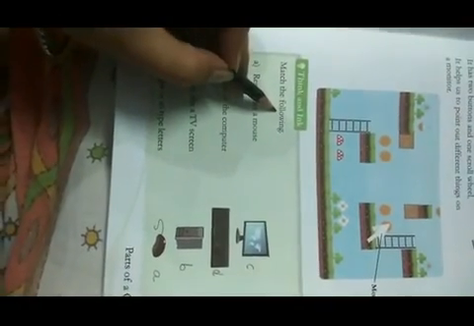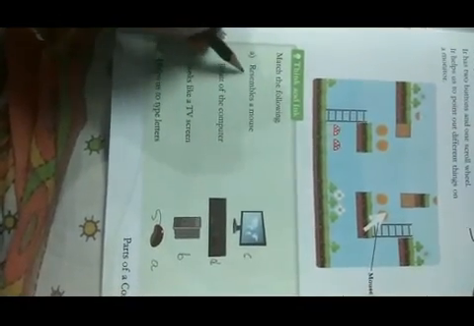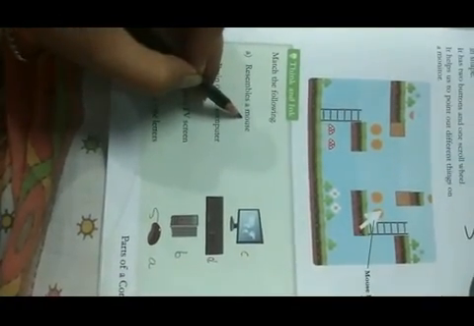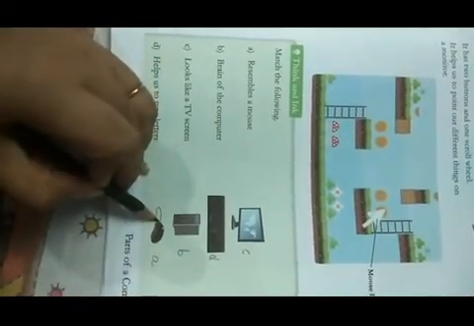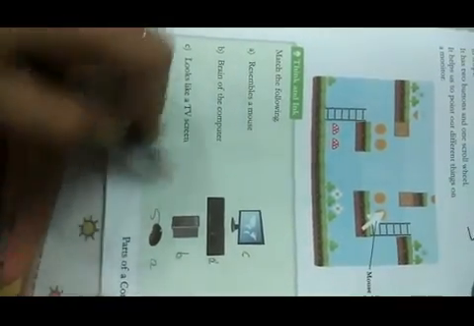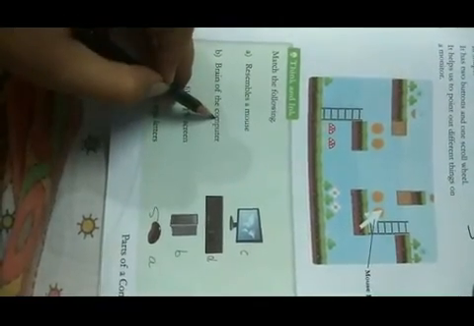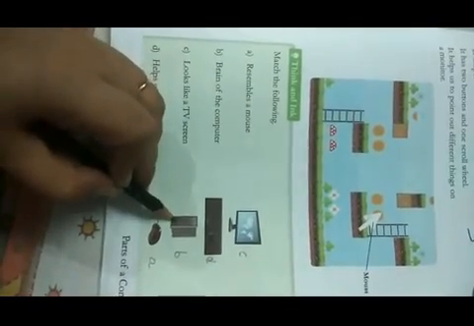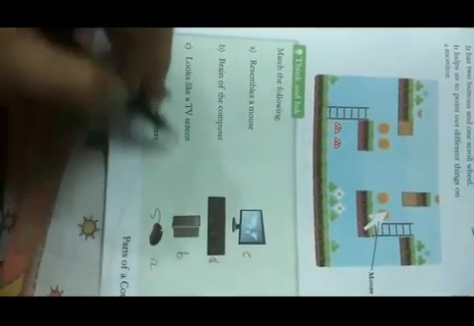Now my dear students, come to the next exercise. Think and ink. Match the following. Resembles a mouse. You will write A over here. Brain of the computer, I told you it is CPU. You will write B over here.